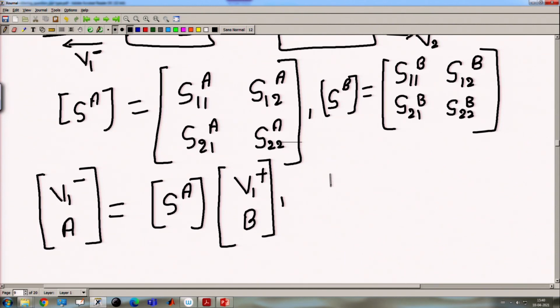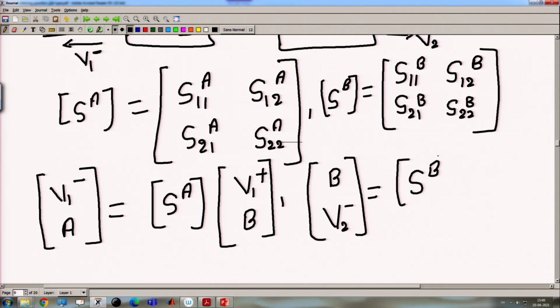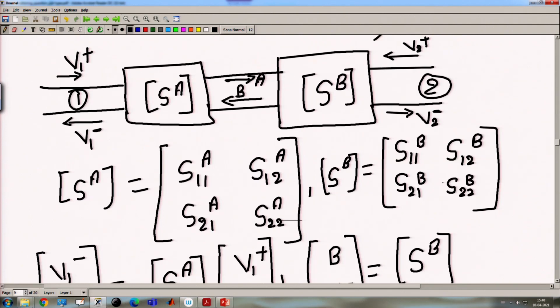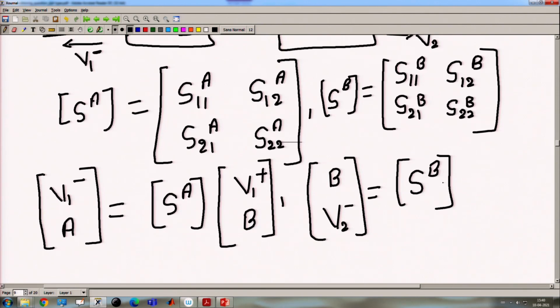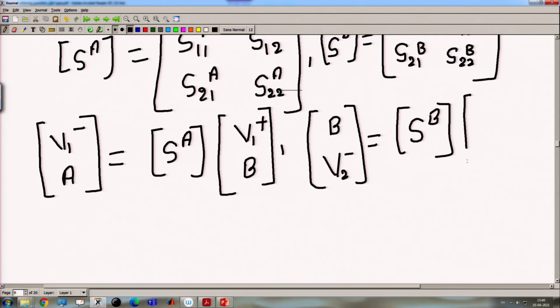So, B and V2 minus equal to SB, and A is the first incoming and V2 plus is the second incoming. So, here it will be A and V2 plus.